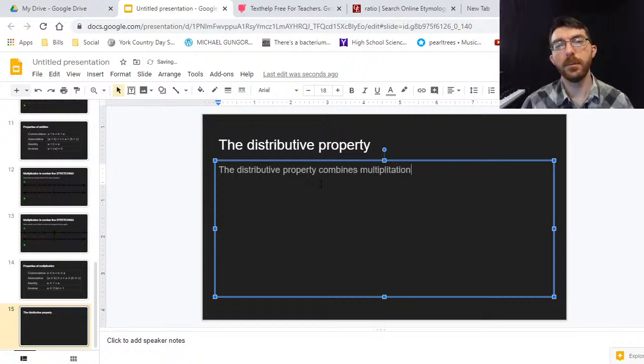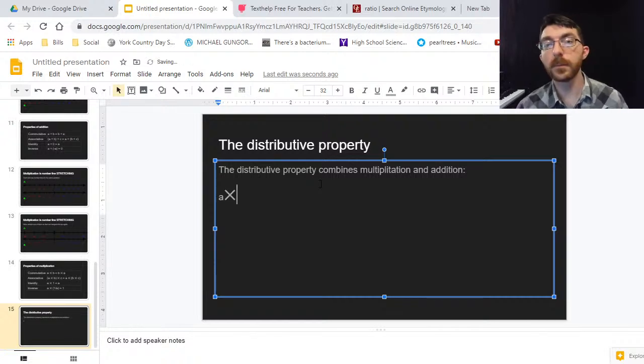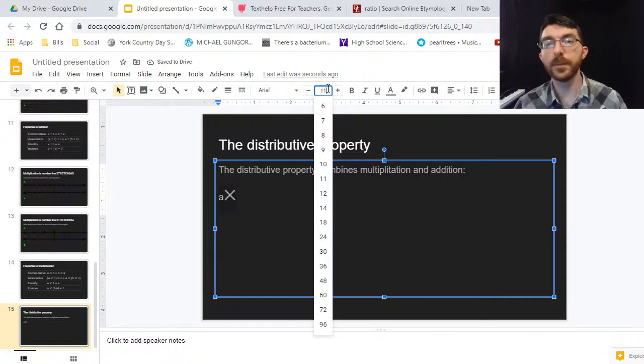The distributive property combines multiplication and addition, and the rule looks like this. Let's make this be the same size.